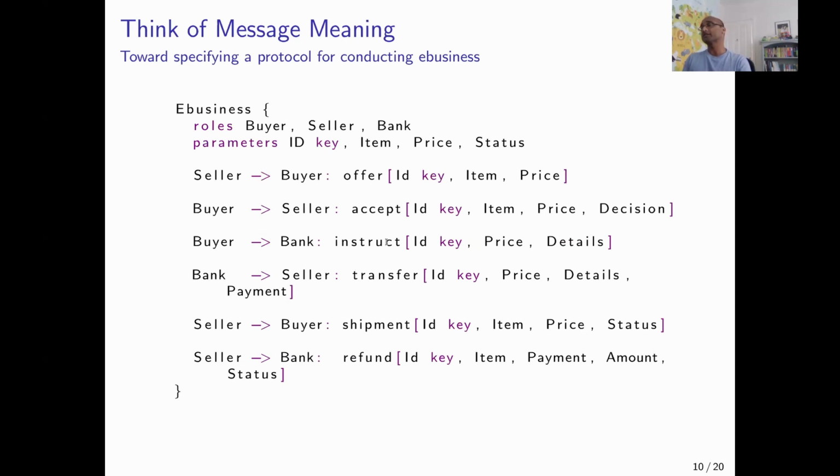So that's the instruct message over here. And it contains the price which needs to be paid and some details about the instruction itself. So you think of just the meaning. So all you've done is specify message schemas, nothing novel over here.